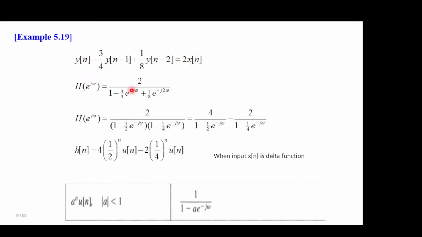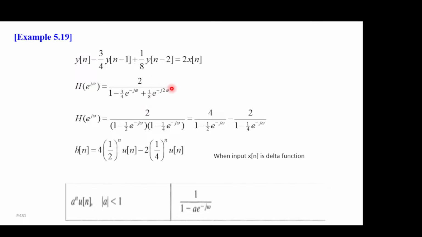So you have this 2 here, divided by 1, then minus 3 over 4 times e to the minus j omega for k equal to 1, and the same 1 over 8 for k equal to 2, so e to the minus j2 omega. Okay, so you can read big H directly, and so big H is easy.